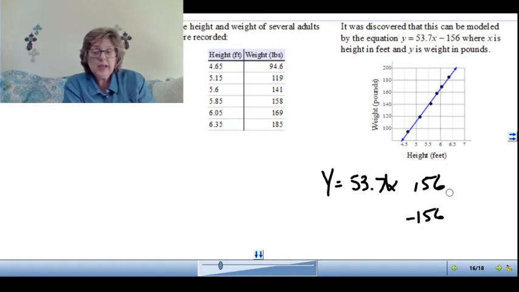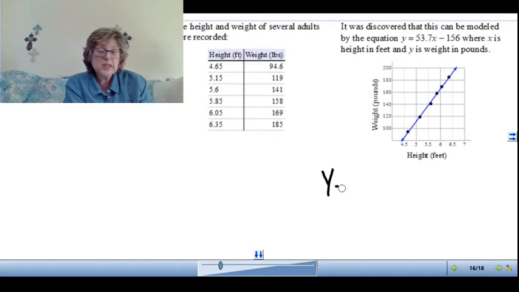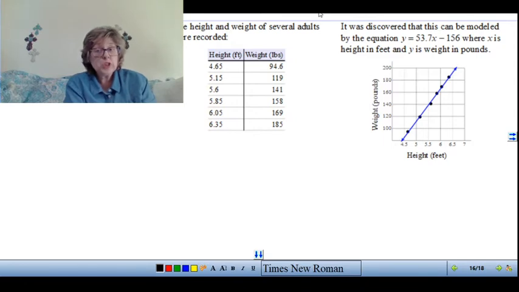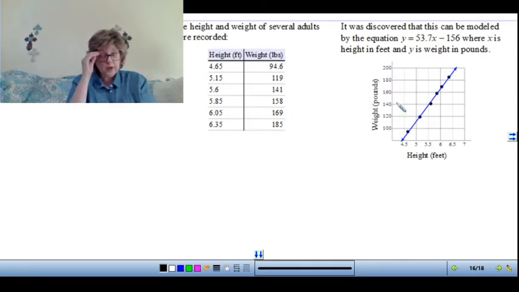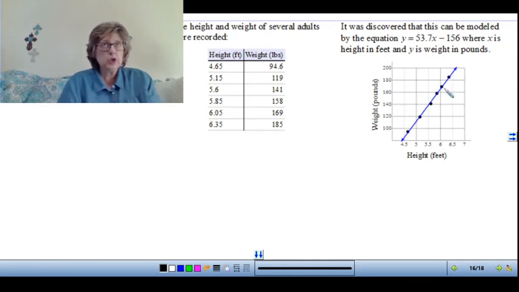Anytime it says explain what the slope means, explain what the intercept means: for slope, they want it as a rate of change, which means the change in the y's, pounds, over the change in the x's, which is measured in feet. So we would say pounds per foot, because per means divide. And then the initial value, or the intercept, is always your starting value, where you would start your data off.